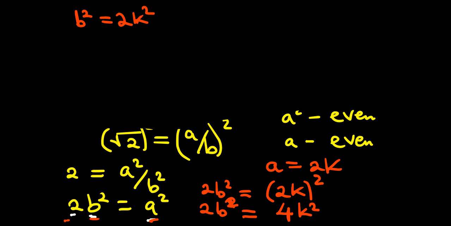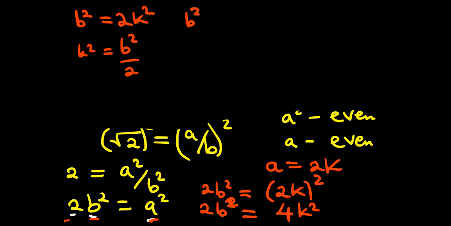So now I can obtain my k squared by dividing by 2. If I divide both sides by 2, I'll get that k squared is equal to b squared over 2. So this means that my b squared is divisible by 2.